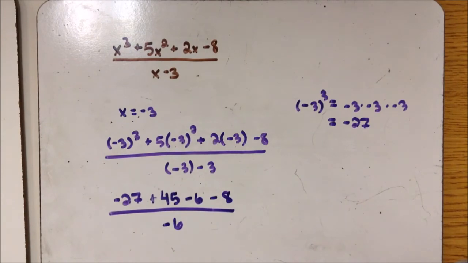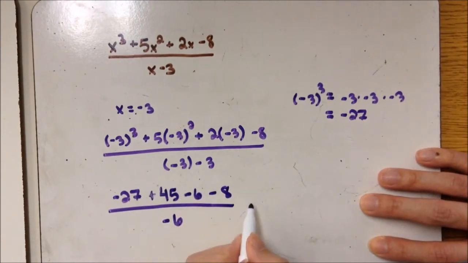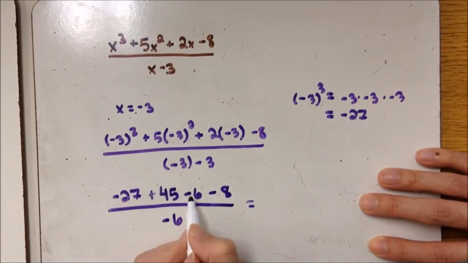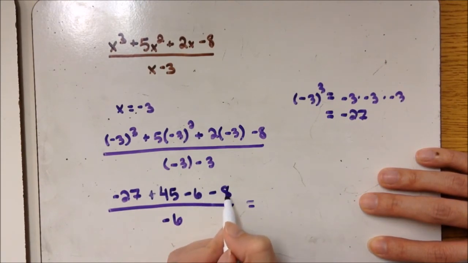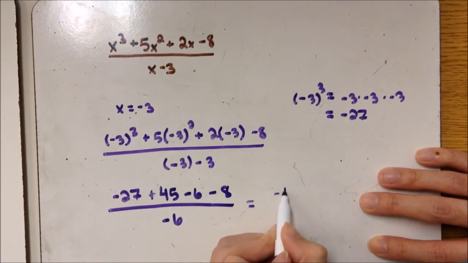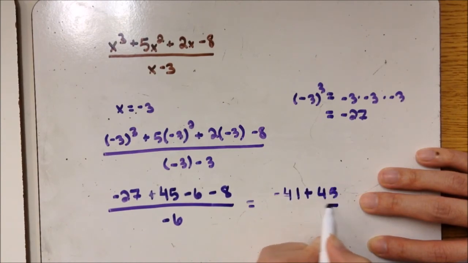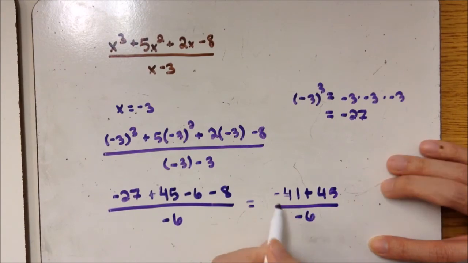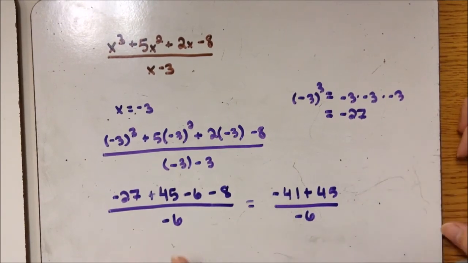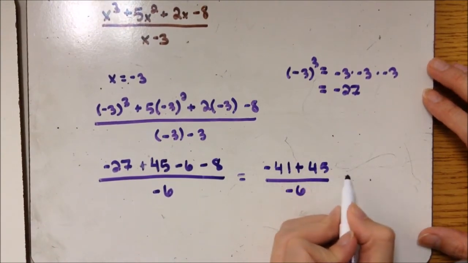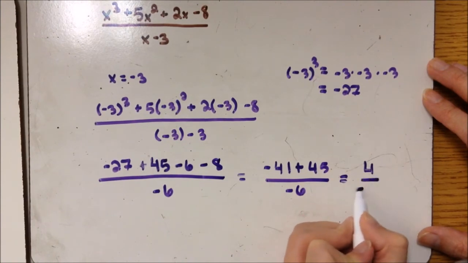Alright. There's a lot of negatives combined with a positive number. So what I'm going to do is combine all my negatives. So, negative 27 minus 6, that's negative 33. And then minus 8. So negative 33 minus 8 is negative 41, plus 45, over negative 6. If I work out the top, negative 41 plus 45 is positive 4 over negative 6.